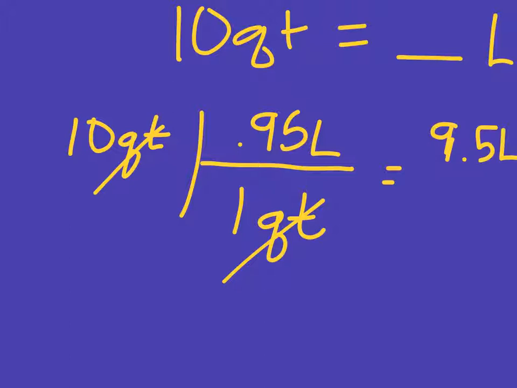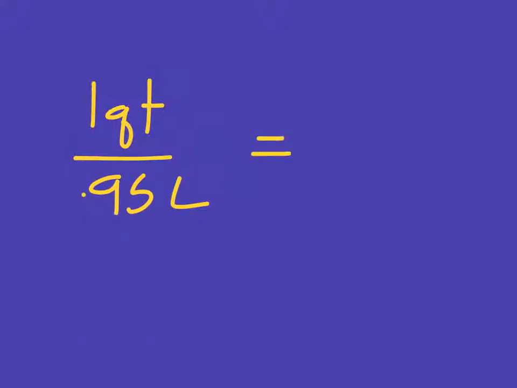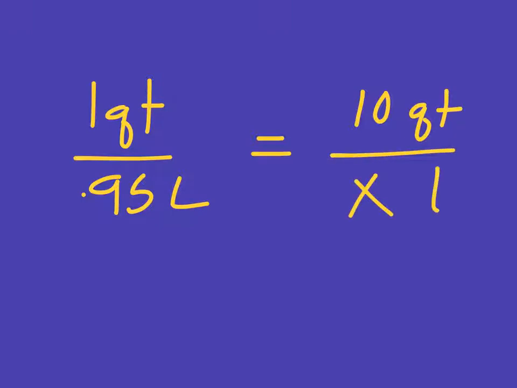Now let's say you wanted to set it up as a proportion. You could set it up 1 quart over 0.95 liters is equal to, and our problem said we had 10 quarts, but we didn't know how many liters we had. Okay?